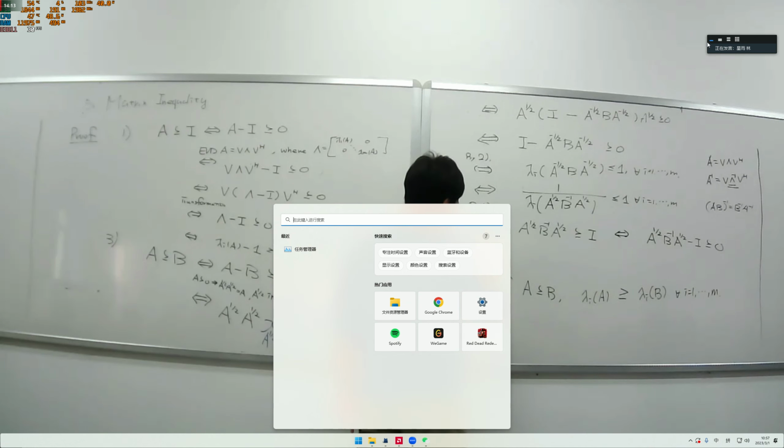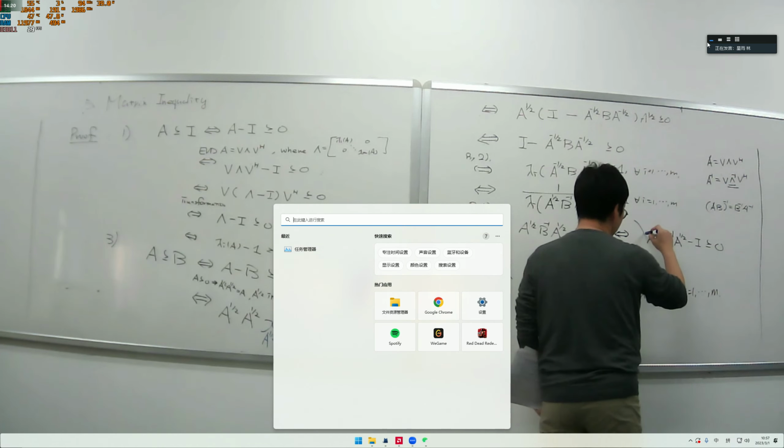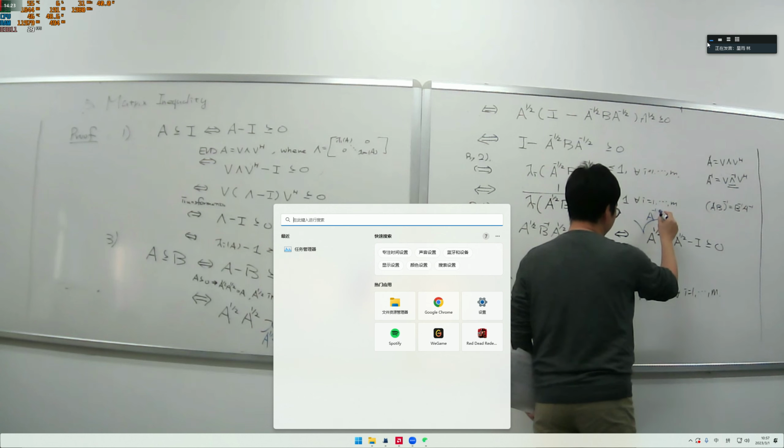Now again, we can multiply here A inverse square root.